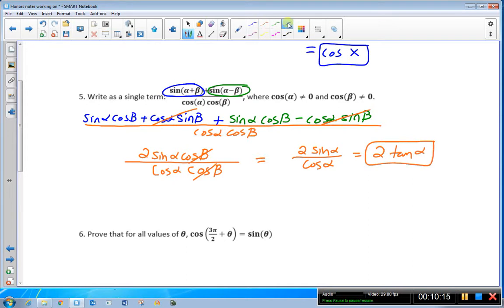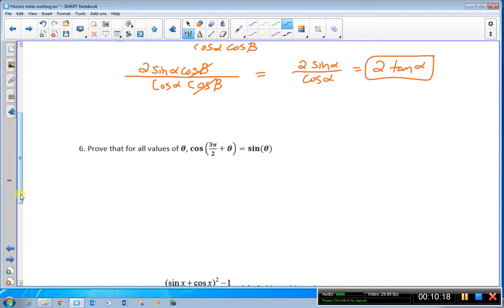Okay. Number 6, prove that for all values of theta. All right. So on that left-hand side, we're just going to use the formula for cosine of A plus B. Okay, so I'm going to use the cosine of A plus B equals cos A, cos B, minus sine A, sine B, excuse me.